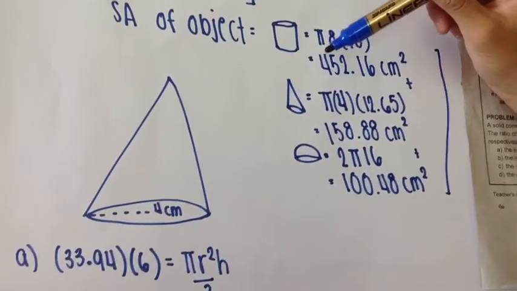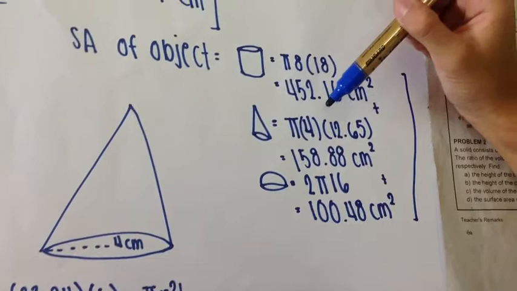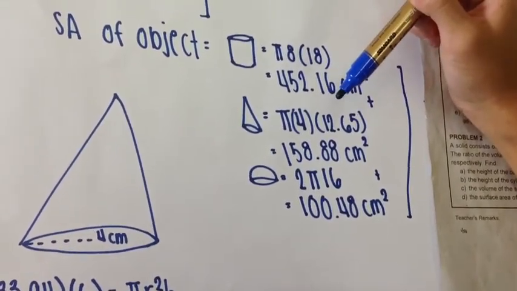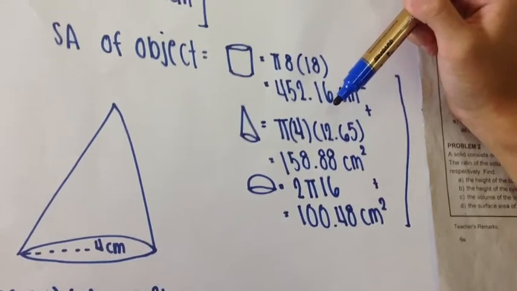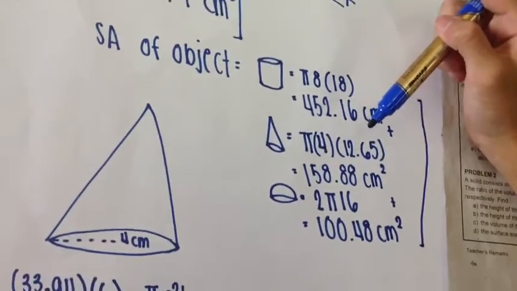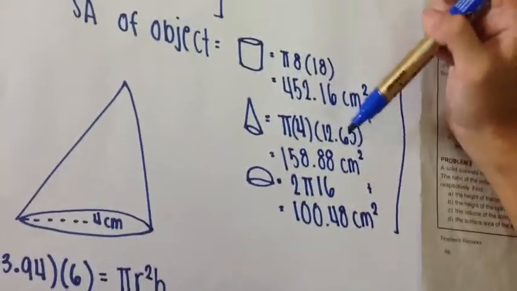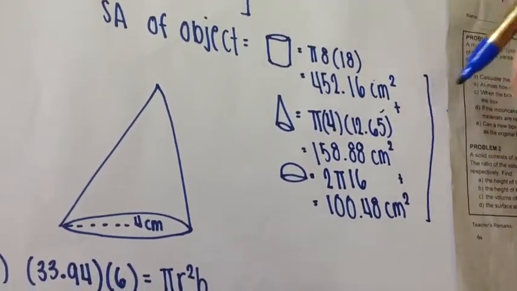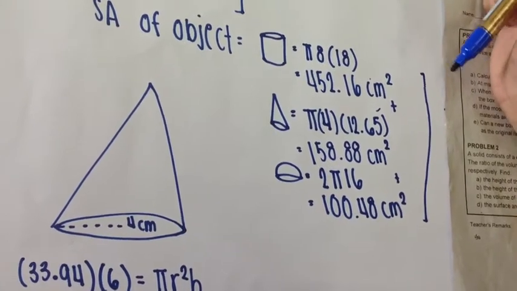Then we get the surface area of the cone, which is pi times 4 times 12.65, or as we also know, pi r squared plus pi r l. 12.65 is the slant length. So the surface area of the cone is 158.88.